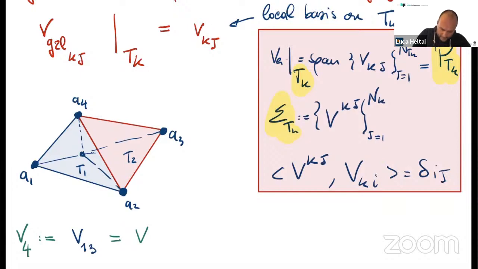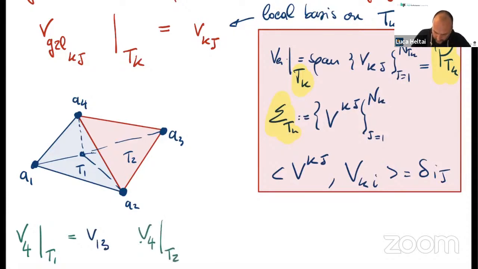V4 restricted to T1 is equal to, using the same color code, V_{1,3}, while V4 restricted to T2 is equal to V_{2,1}. Okay, is it clear?